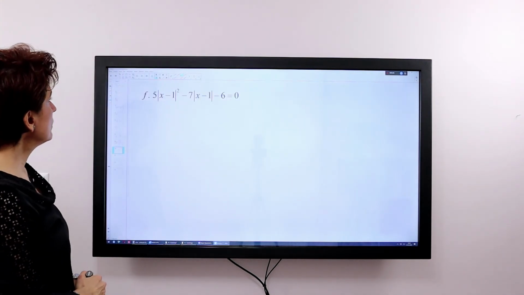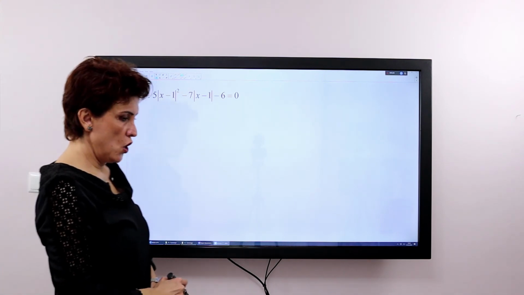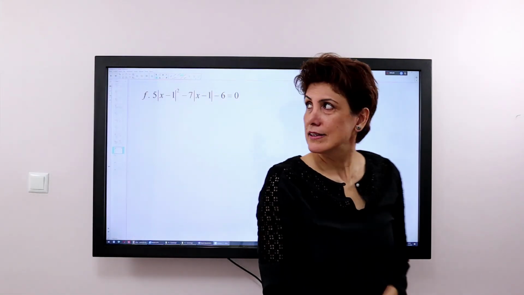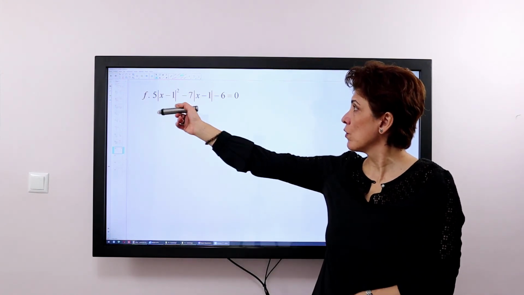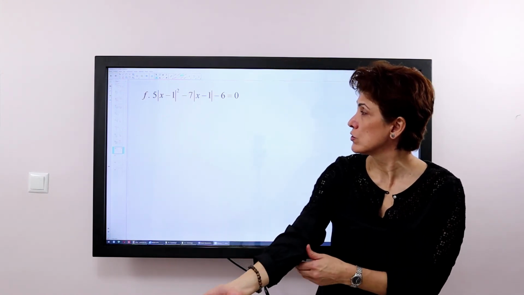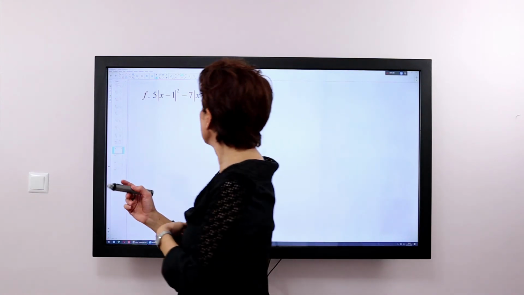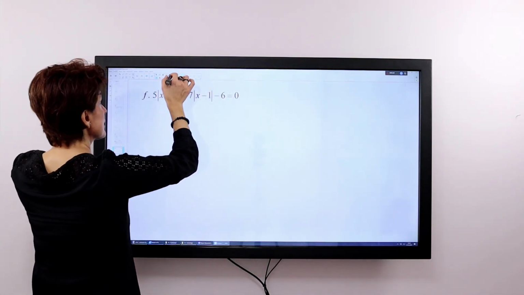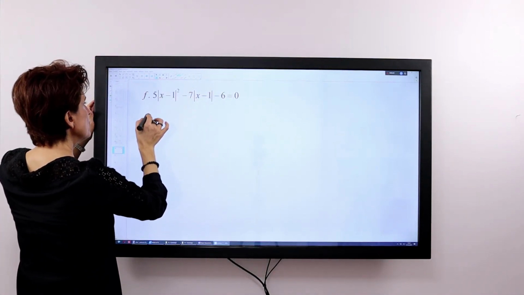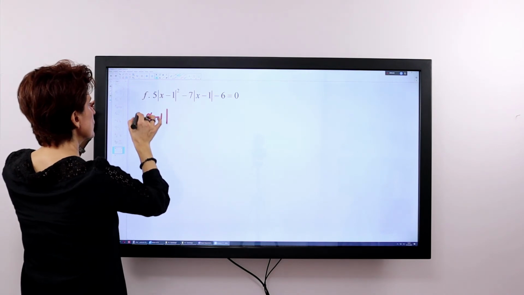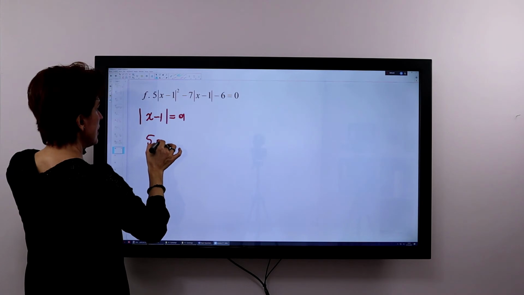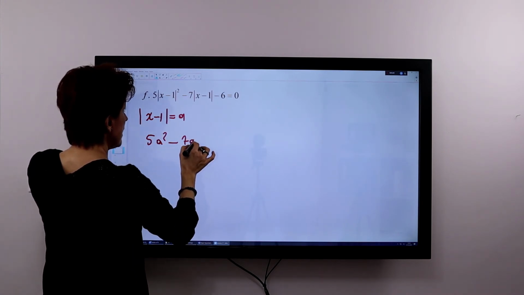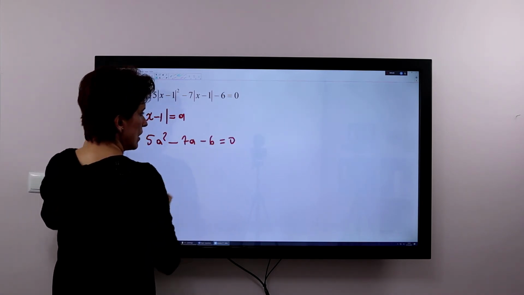Okay. Have a look. We are here a little different. Maybe we need to change variable, then we are going to convert this equation into the quadratic equation, right? Remember last year. If I choose the absolute value of x - 1 as a, what we have here is 5a² - 7a - 6.